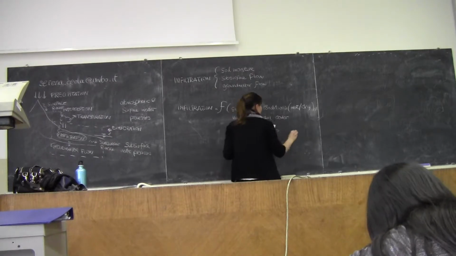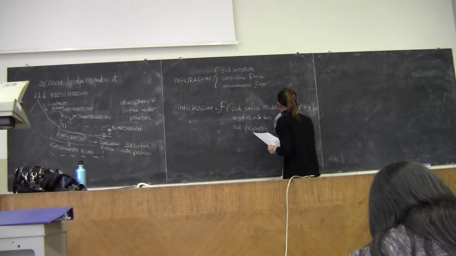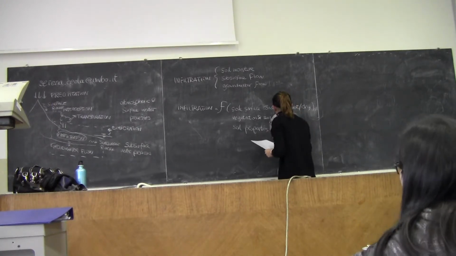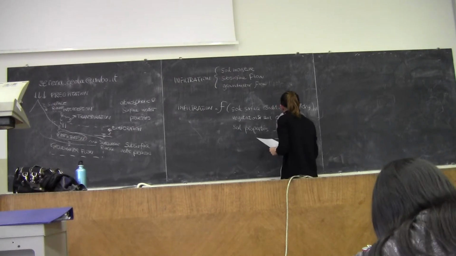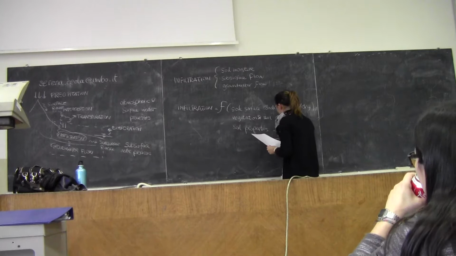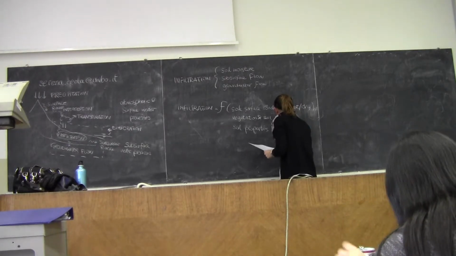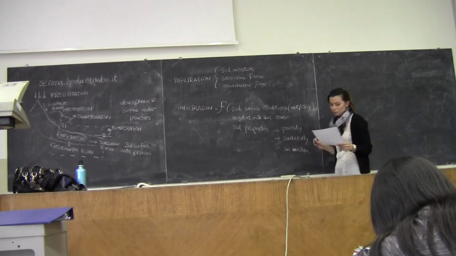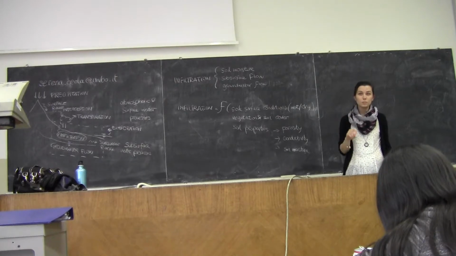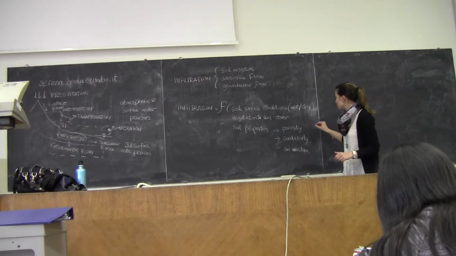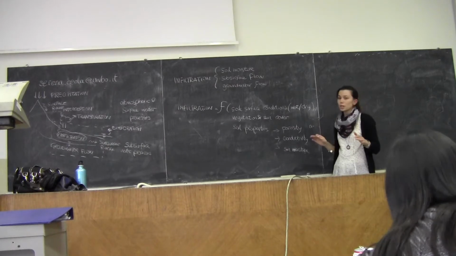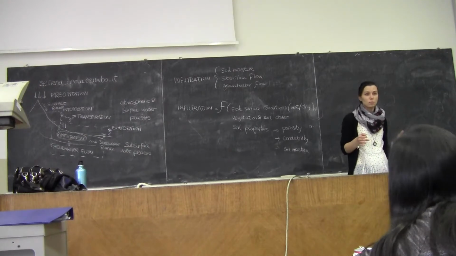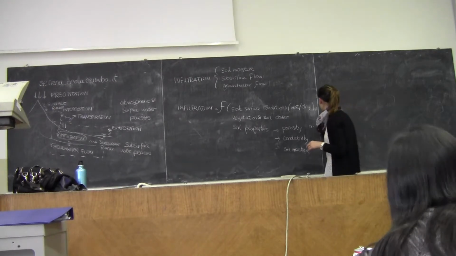Which are basically soil porosity, soil conductivity, and soil moisture. The soil porosity is usually represented by n, which is the ratio between the total volume of voids to the total volume of soil.